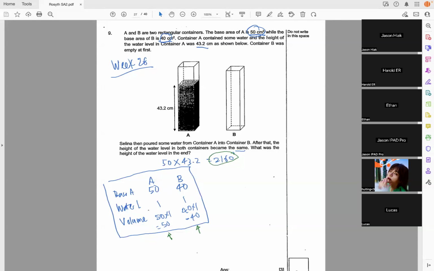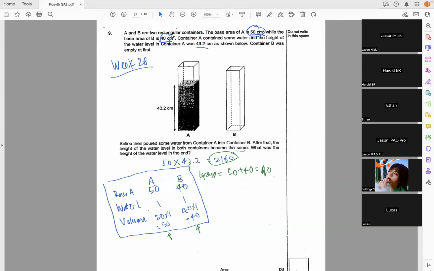But the thing is that it has to be 50 into A, 40 into B every time, right? So every time you'll be pouring how much? 50 plus 40, that's 90, okay? So you call it one group. Or conceptually, you can say it's one pour. So every time you pour 90 cubic centimeter. Of the 90, 50 goes into A, 40 goes into B.